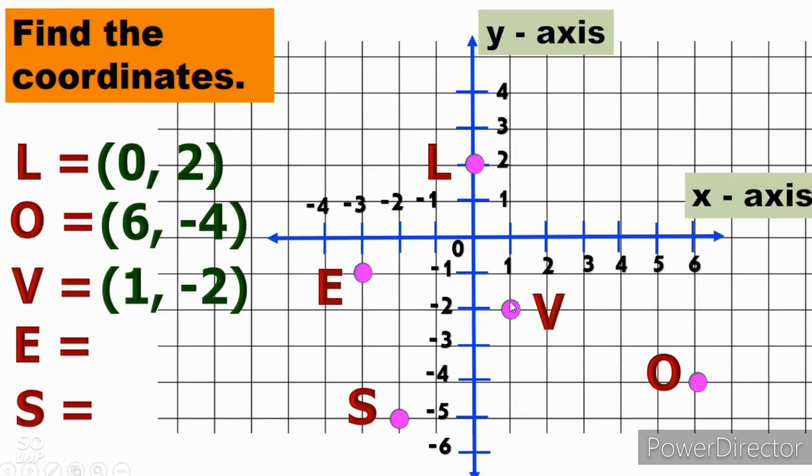Sa y-axis, nakatapat siya sa negative 2. Therefore, ang coordinates natin is positive 1, negative 2. Next, let's have point E. Hanapin muna natin sa x-axis kung saan nakatapat. Nakatapat siya sa negative 3. Sa y-axis, nakatapat siya sa negative 1. Therefore, ang point natin is negative 3, negative 1.